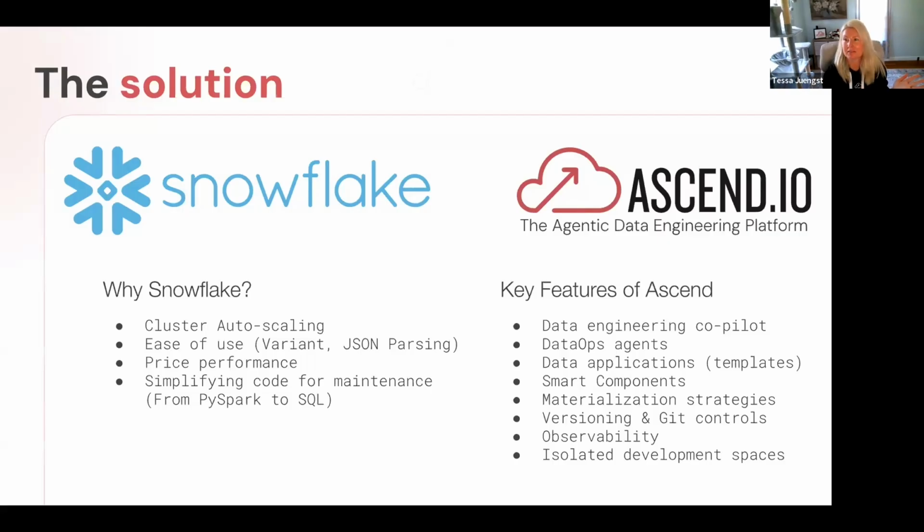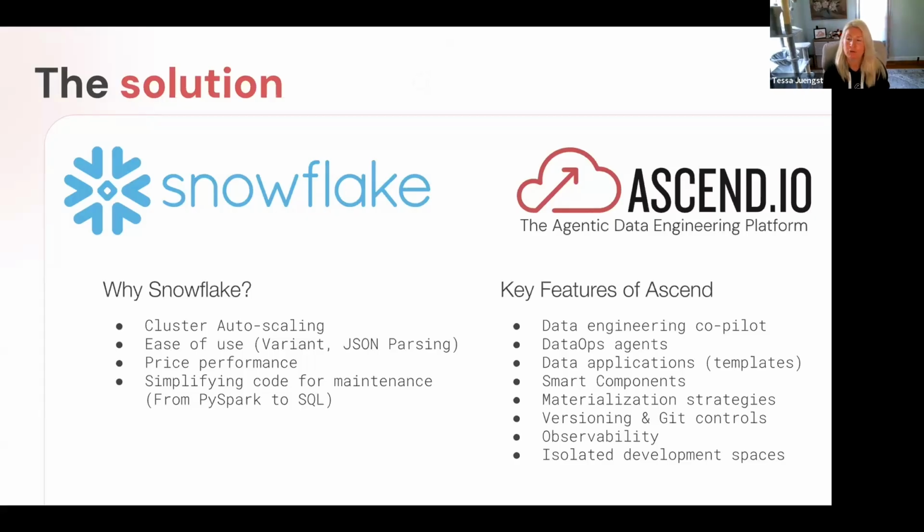You can instantly and easily parse this data and store it as that variant. Snowflake also has a lot of optimizations around it that make it really fast. So definitely the easiest implementation I've done for this type of data.